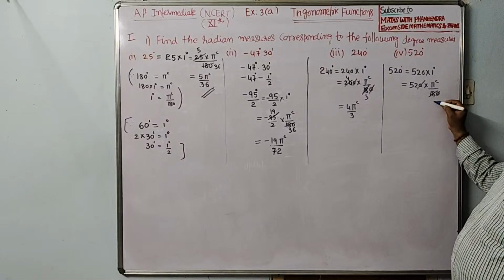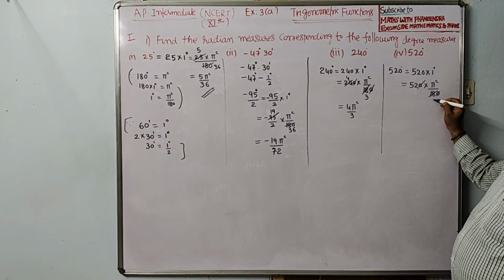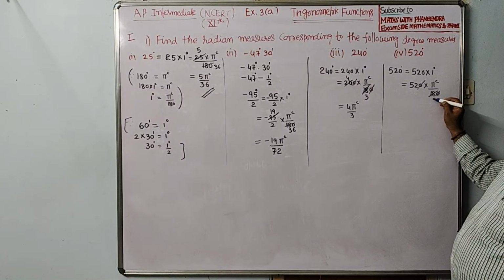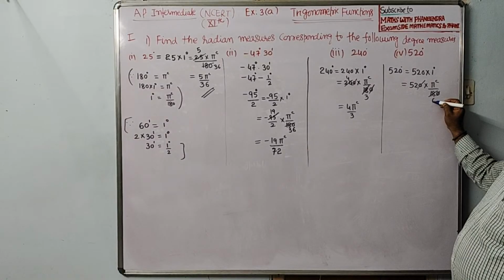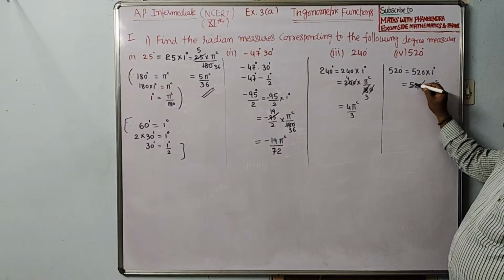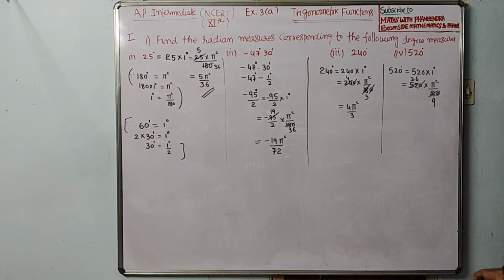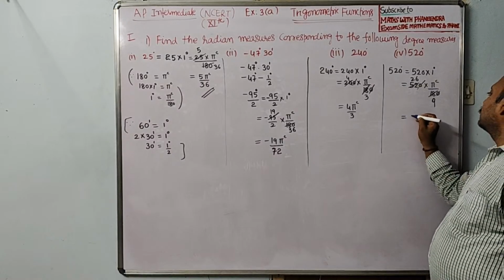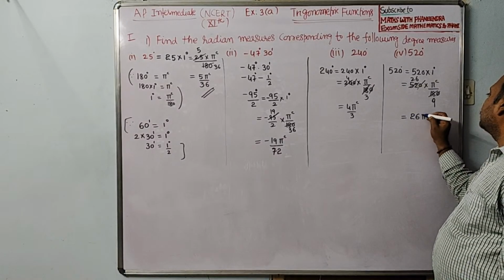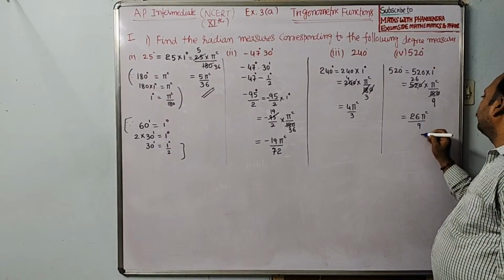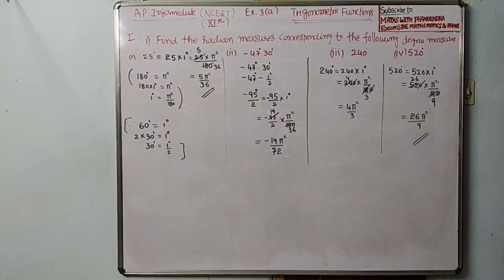Next, 2 9s are 18, 2 13s are 26. Other than this, it won't be. Okay. So 26 pi radians by 9. So this is the way we can give the answers, dear students.